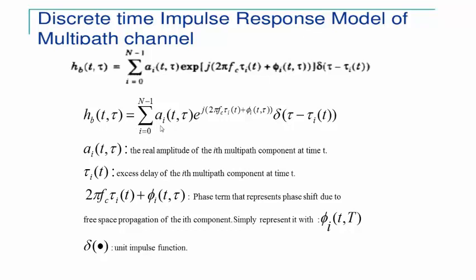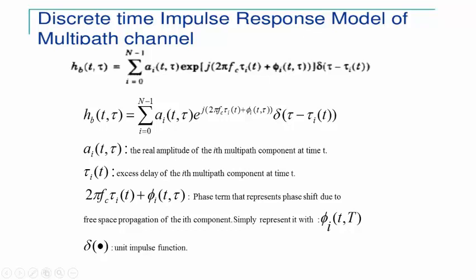So the impulse response for this discrete time model we can write as h of t comma tau is equal to the summation over i from 0 to n minus 1 of a i of t comma tau e raised to j 2 pi fc tau i of t plus phi i of t comma tau, into delta of tau minus tau i of t.